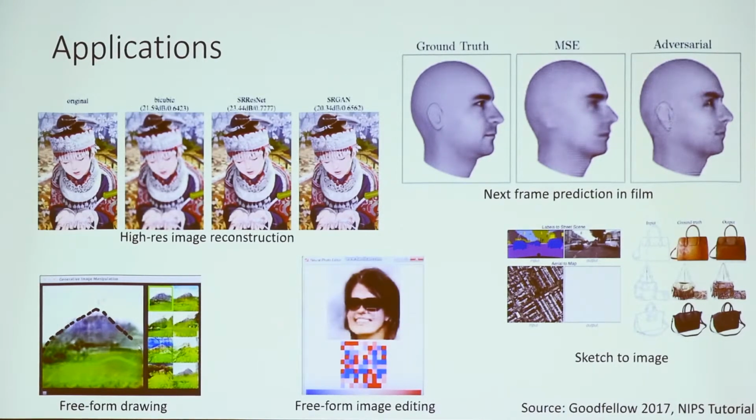You can do other applications where you draw on a face some sketch, and the generator draws a sample of some editing that you might have wanted to do on that part of the face, and edits the face automatically, or predicts the next frame in a film, or you sketch a product and it finds an actual product that exists out there, and so on and so forth.